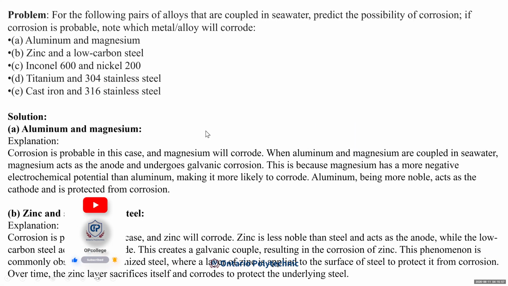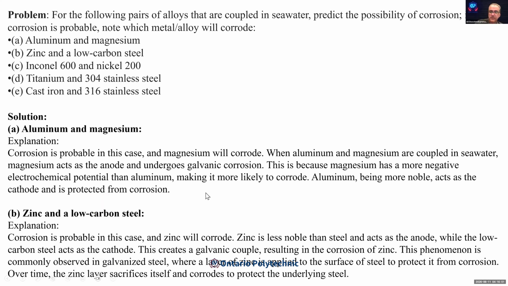Yes, it's a quick question for A, aluminum and magnesium. We know that magnesium is going to get corroded first, but can we say that magnesium gets corroded first and aluminum after magnesium is completely corroded? Yeah, completely true.